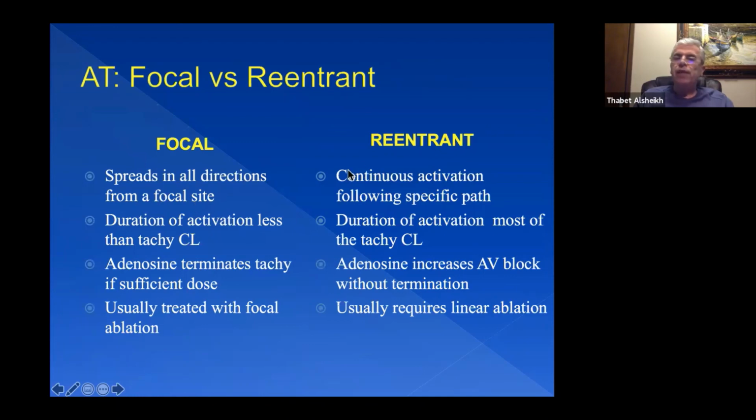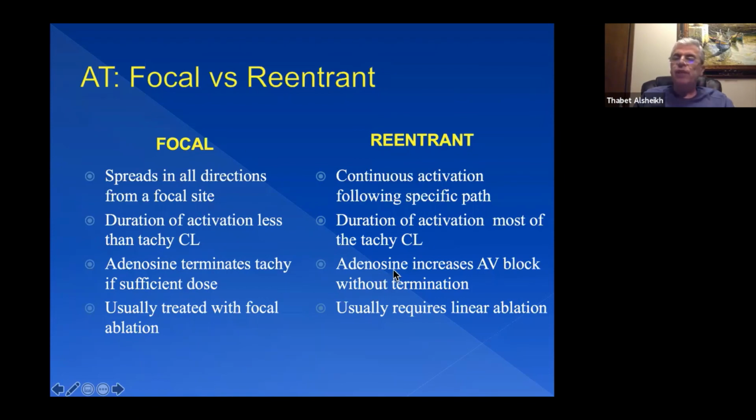In reentry, it's a continuous activation following a specific path. In focal, the duration of activation is usually less than the tachycardia cycle length, only a fraction of it. For reentry, the duration of activation is most of the tachycardia cycle length. Adenosine tends to terminate focal atrial tachycardia if given in high doses.